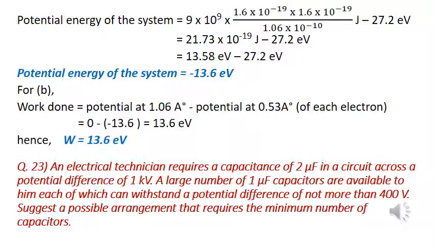He has a large number of 1 microfarad capacitors, and each of them can withstand the potential of 400 volts. We have to suggest the possible arrangement of the capacitors that requires the minimum number of capacitors.